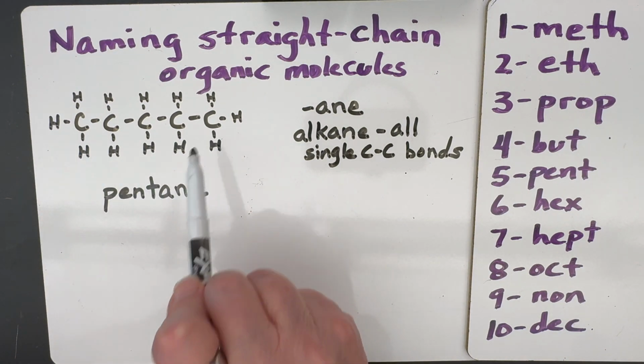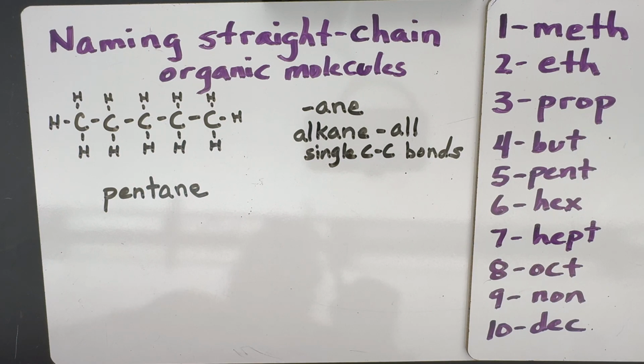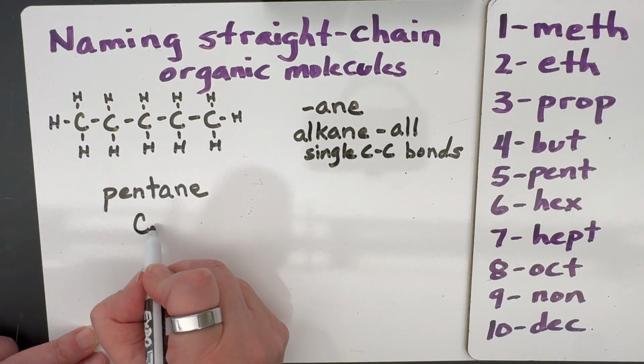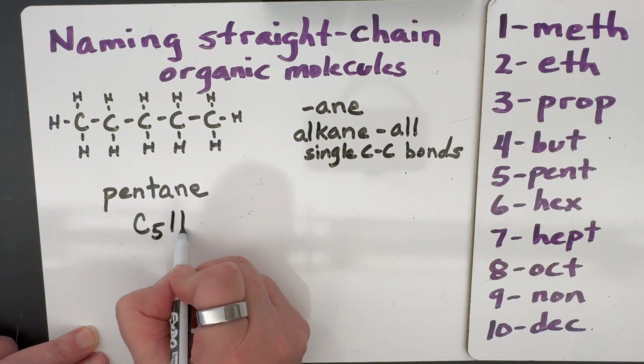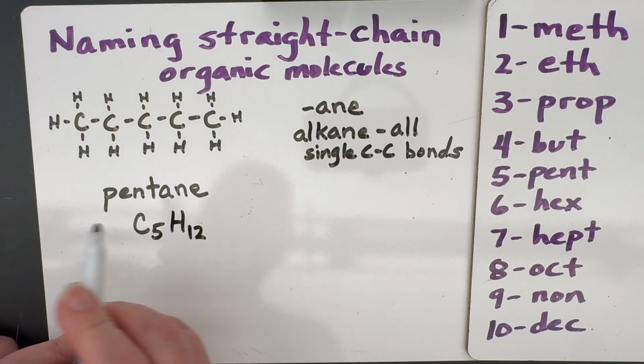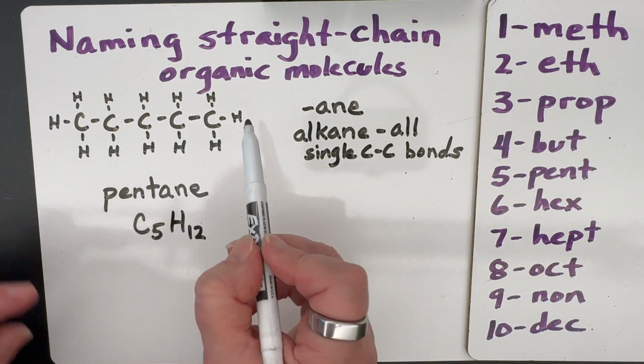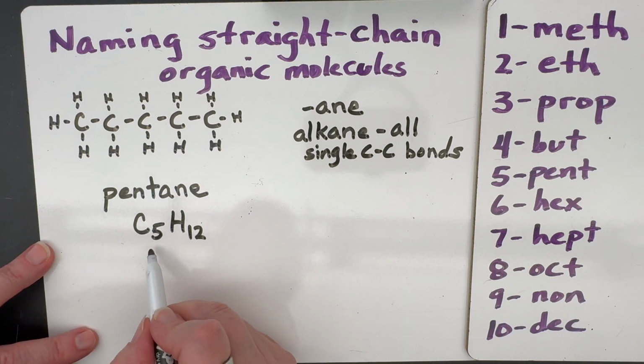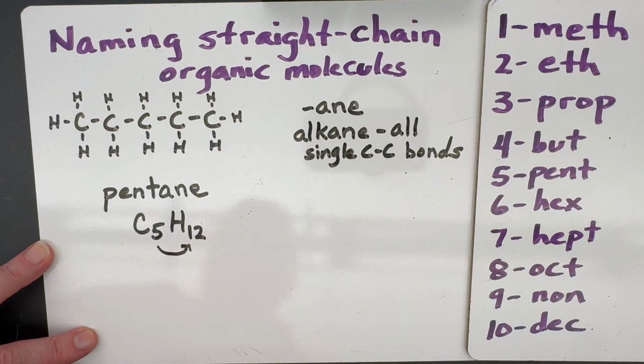Written out like this is called a structural formula. If we wrote the chemical formula for it, it would just be C5H12. 5, 10, 11, 12. When you look at these molecules, you're always going to have this situation where you take the number of carbons times 2 plus 2.